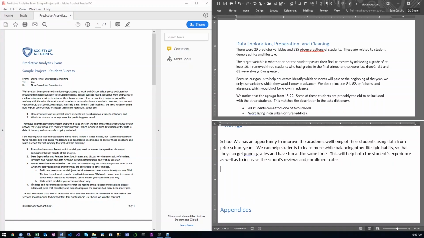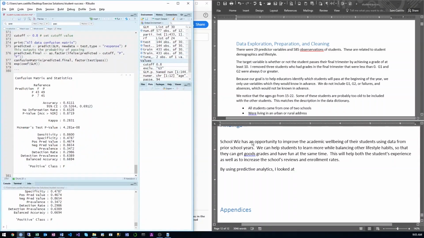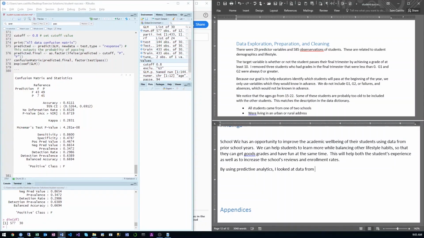By using predictive analytics, I looked at data from 577 students and identified which factors contribute to a failing grade in the third trimester.